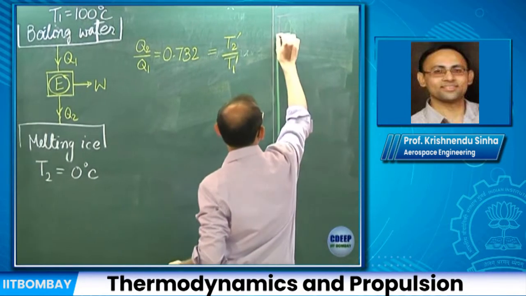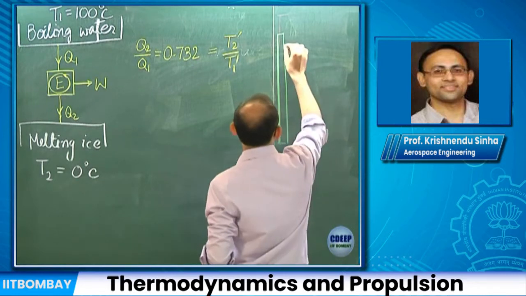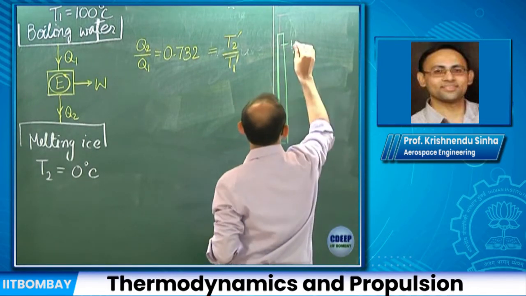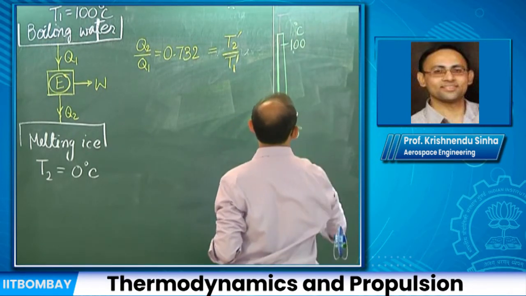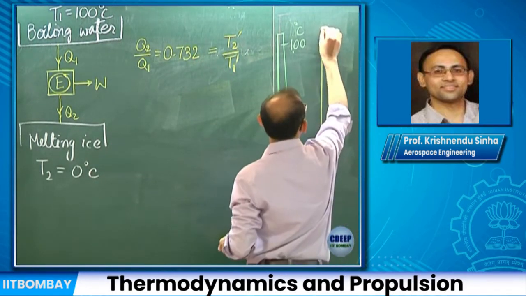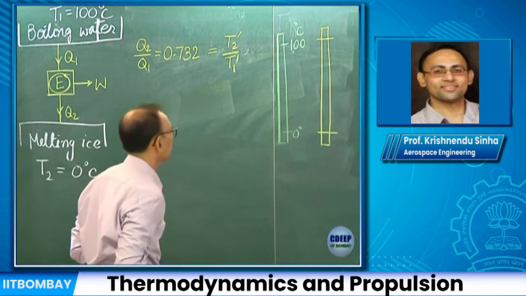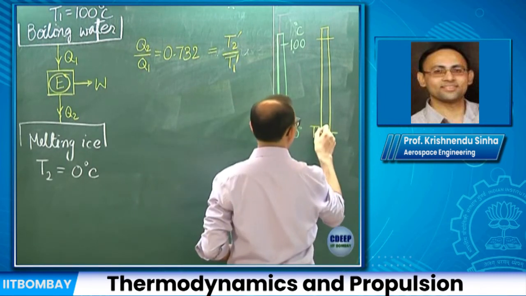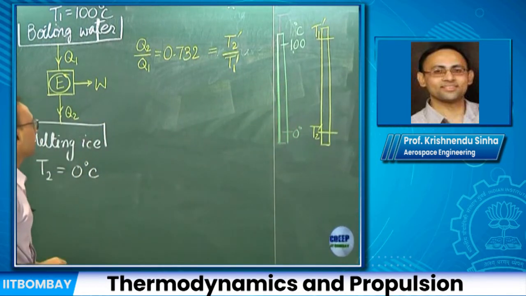I am making a new scale. Let's say we have 100 degrees here. This is a centigrade scale, and we have 0 degrees here. In the new scale, I am going to place markers at these two. This is my T2 prime, T2 dash, and this is my T1 dash. And by doing this experiment, I can get a value for the ratio of temperatures just by the second law.